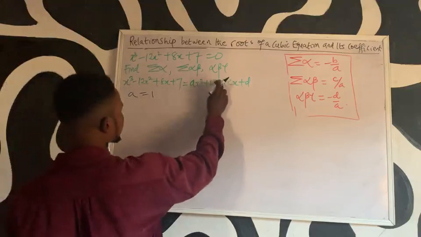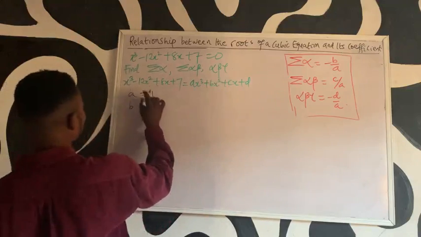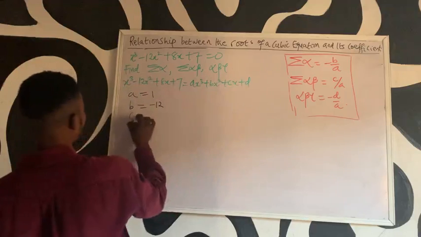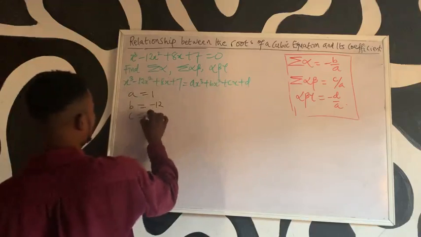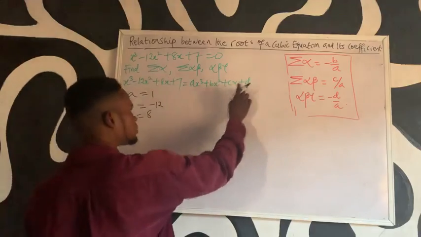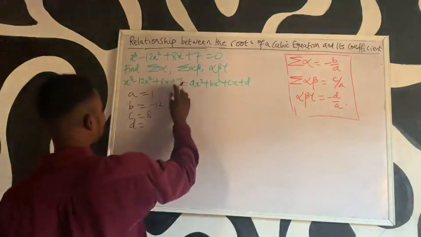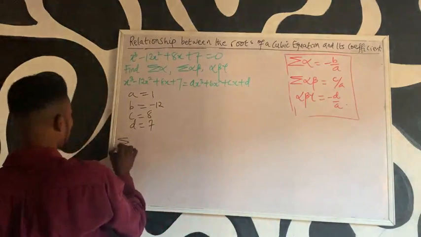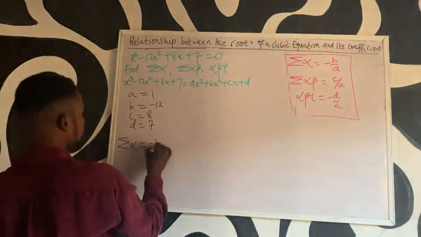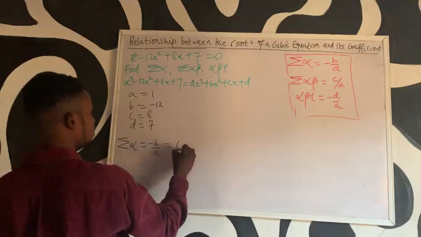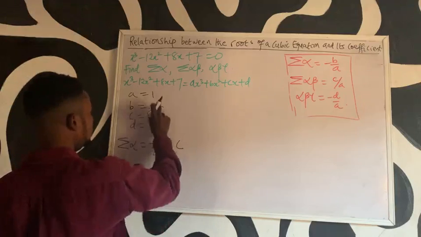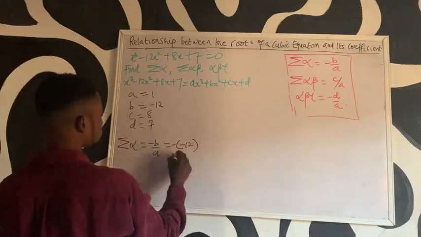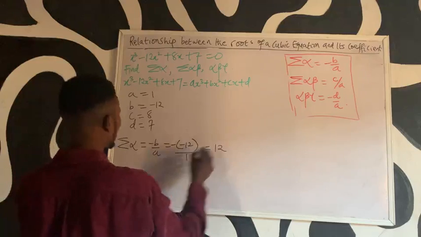The coefficient of x squared is b, and it is minus 12. The coefficient of x is c, which is 8. The constant term is d, which is 7. Then summation of alpha is minus b over a, which is minus minus 12 over 1, which is 12.